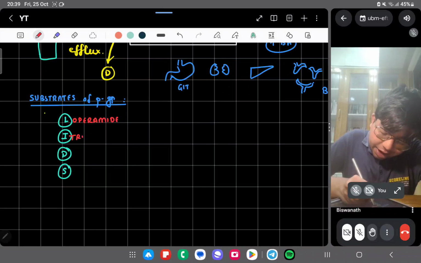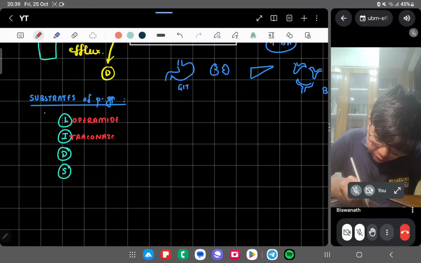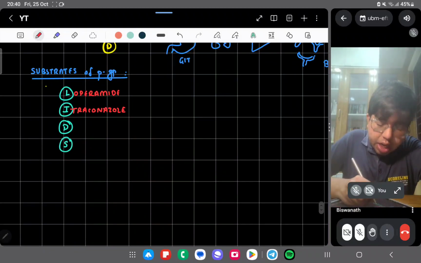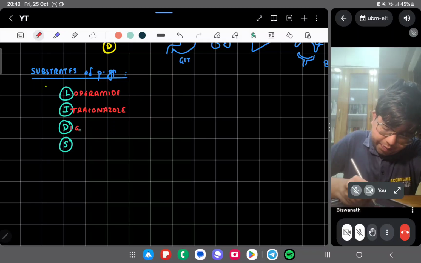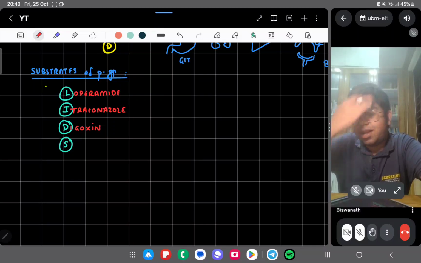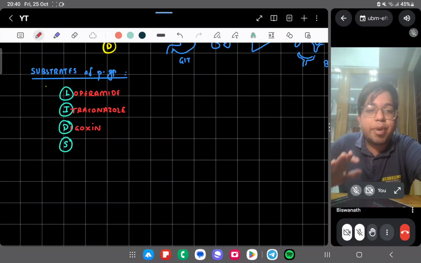I stands for itraconazole. We will read about azoles now, right? D stands for digoxin. Digoxin is a very big and interesting topic in cardiac pharmacology. In the CVS chapter, we'll read about it.